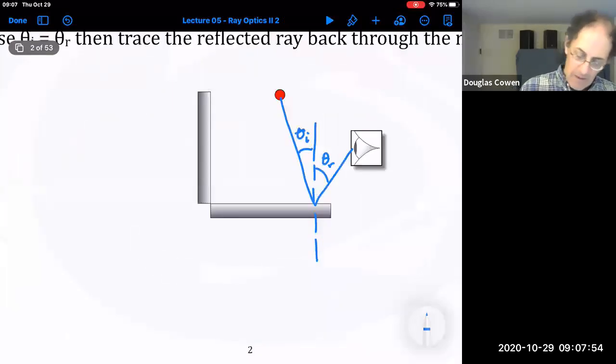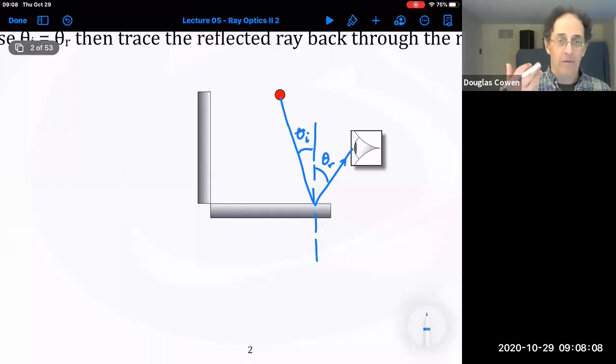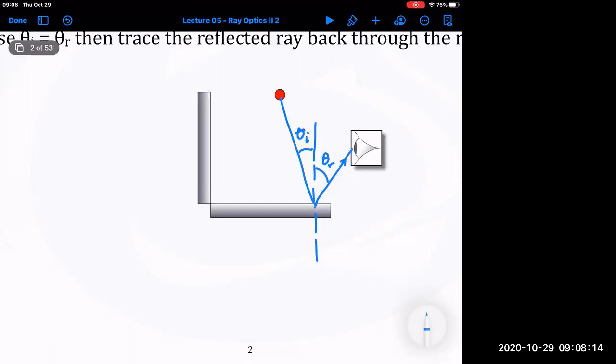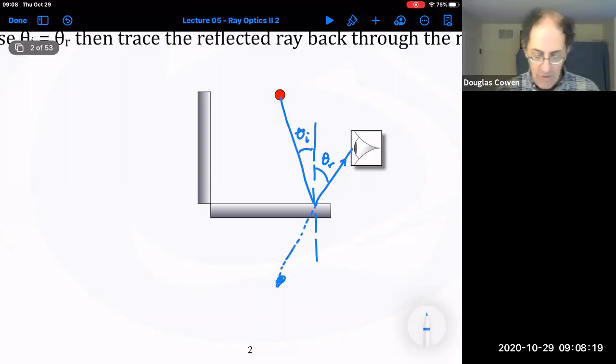First, though, I have to point out that what the person who is looking here will see is the light coming into this person's eye in that direction. What your eye does, and what a camera does when the image comes on film, is it basically extrapolates back to the point where it looks like that ray came from.